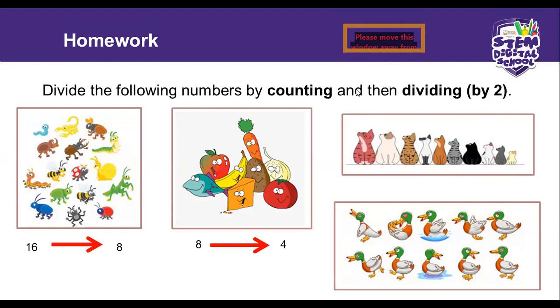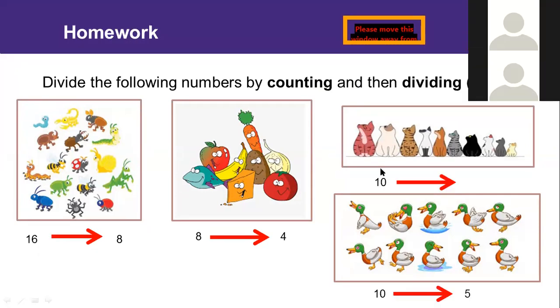Do you agree? Yes, 5. Remember we said that they must be shared equally. If we draw our line there, let's see if we've got 5 this side: 1, 2, 3, 4, 5. Yes, it's 5. Well done. That is correct.